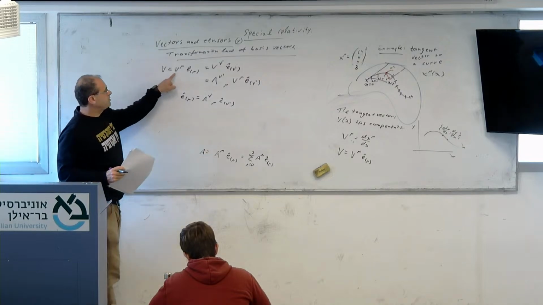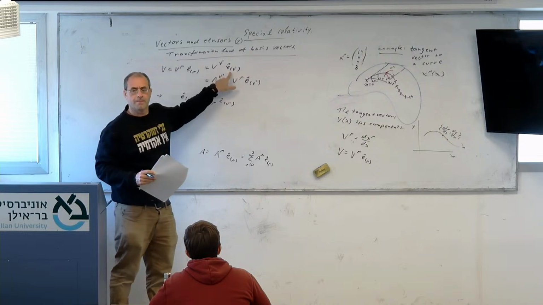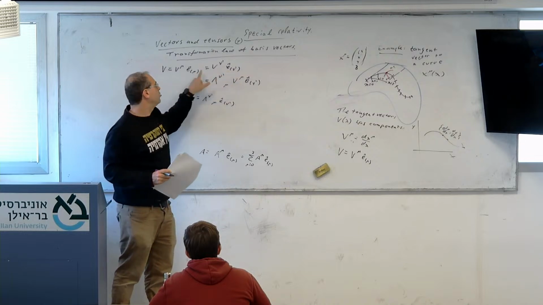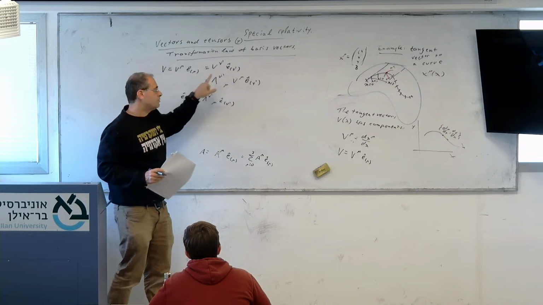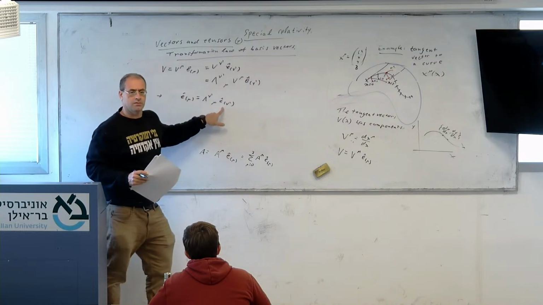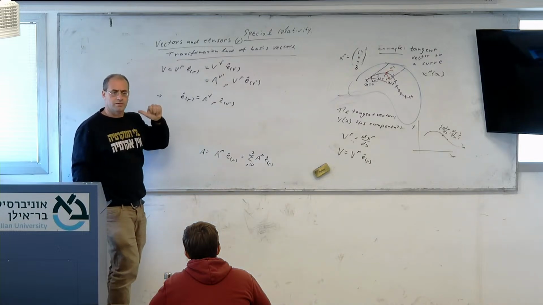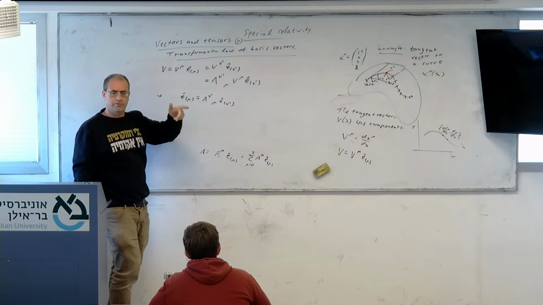This is the old basis. This is the old coordinate system, right? This is the new coordinate system. This is the old basis, this is a new basis. So I expressed the old basis in terms of the new basis. I want to express the new basis in terms of the old basis. Right? So I need to invert.